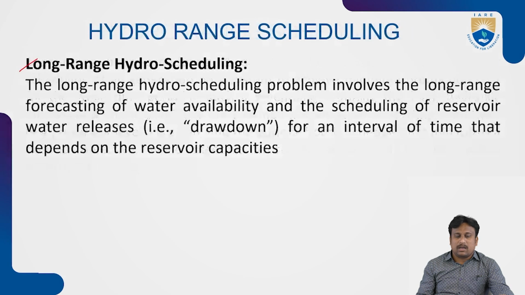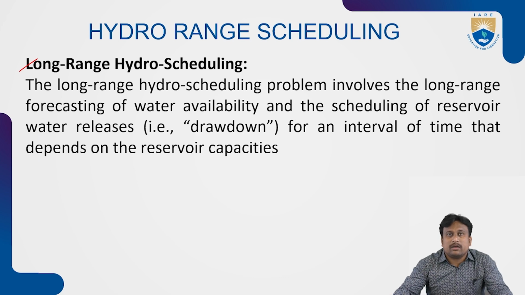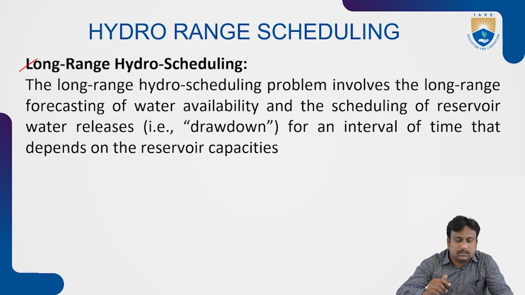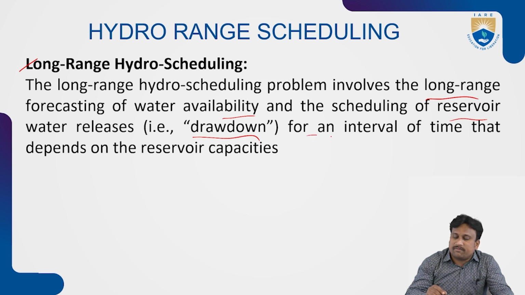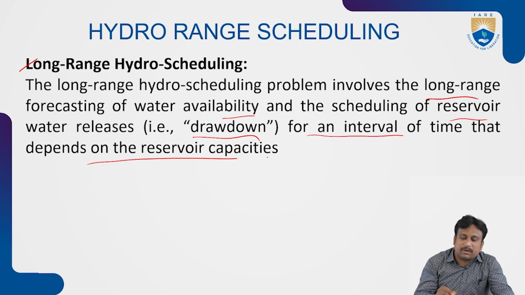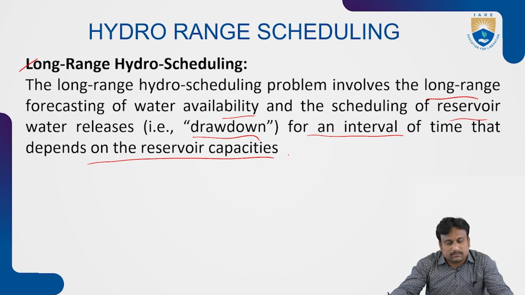So, what is this long range hydro scheduling process? The long range hydro scheduling problem involves the long range forecasting of water that will be available, and the scheduling of reservoir water releases, that is the drawdown, for a given interval of time that depends upon the reservoir capacities.